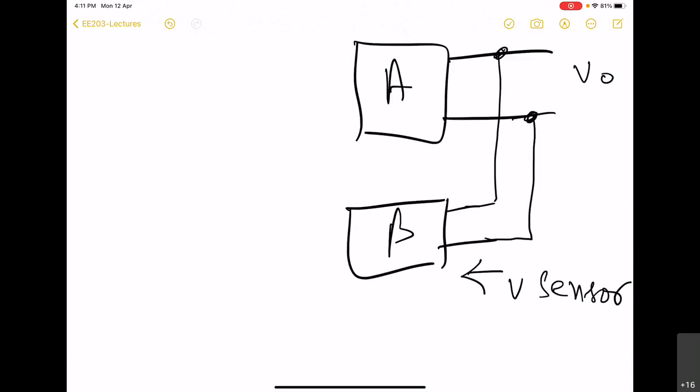And once the feedback network is a voltage sensor, it becomes apparent that its input impedance R in beta has to be infinite.